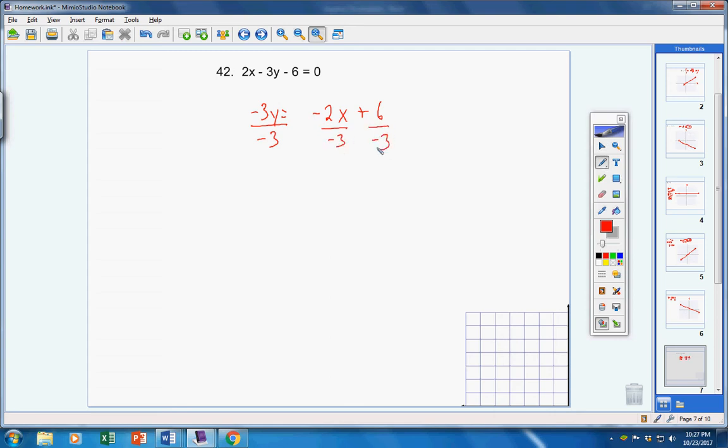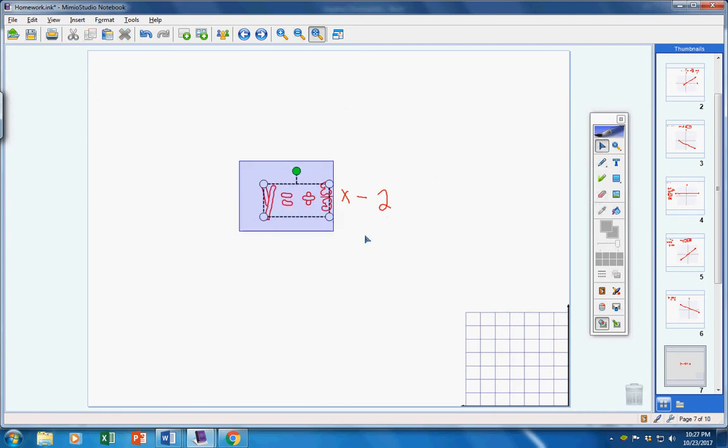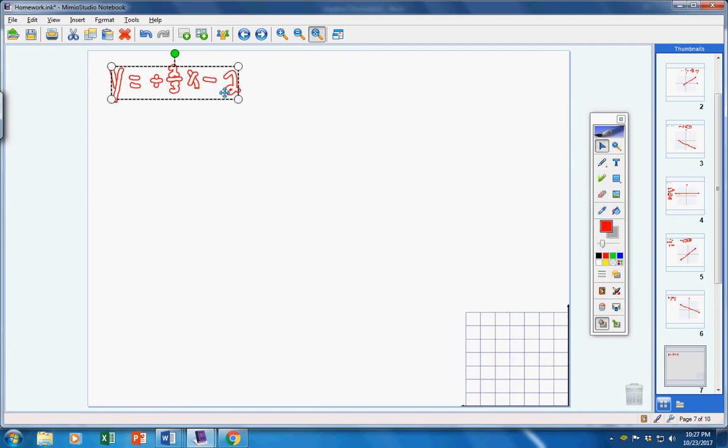These cancel, equals negative. Over a negative is positive. Positive over a negative is negative. 6 divided by 3 is 2. So there we go. Now, step 1 is accomplished. Got y all by itself.